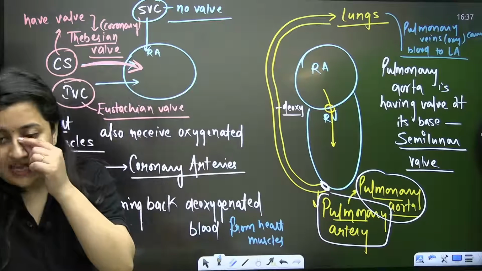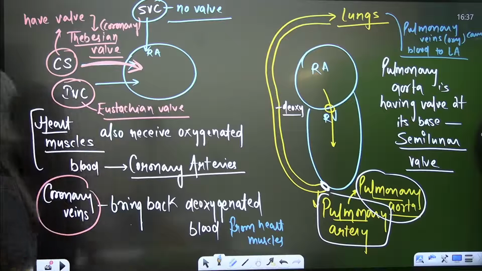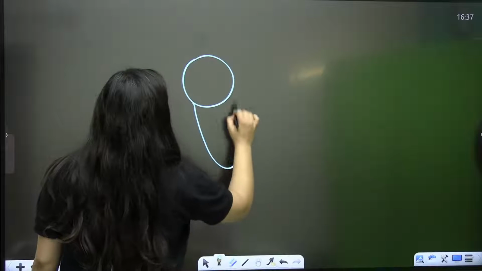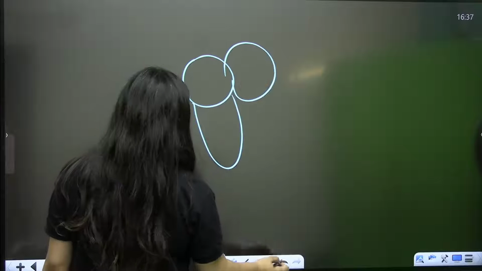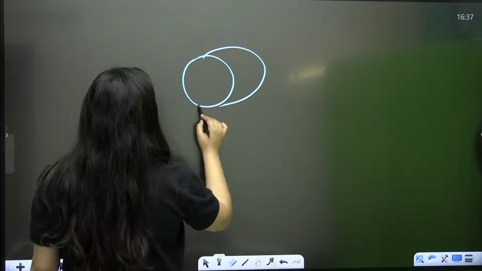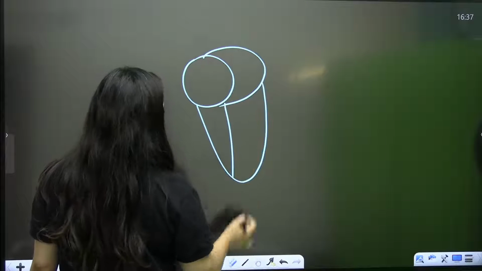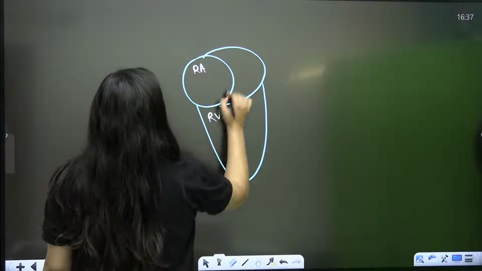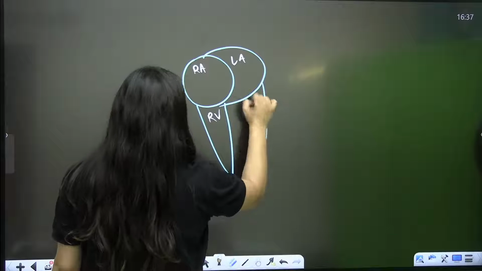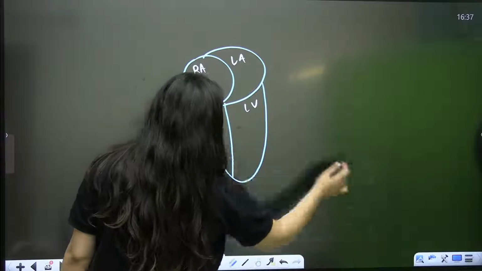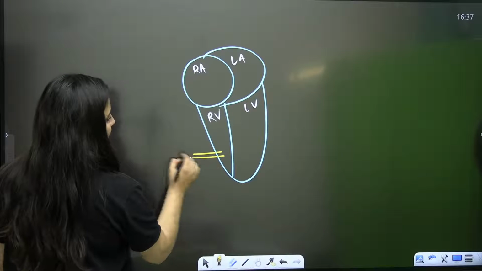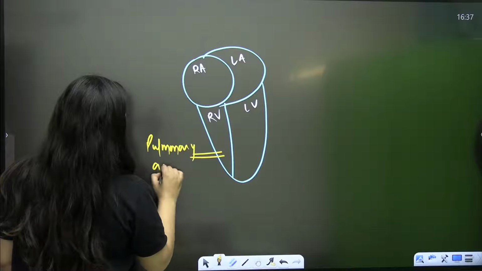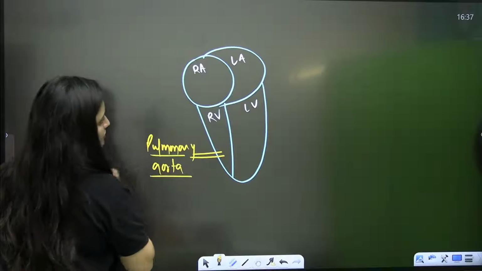If you know the position of these valves, you can answer each and everything. So what is arising from this part? Your pulmonary aorta, and it contains deoxygenated blood.